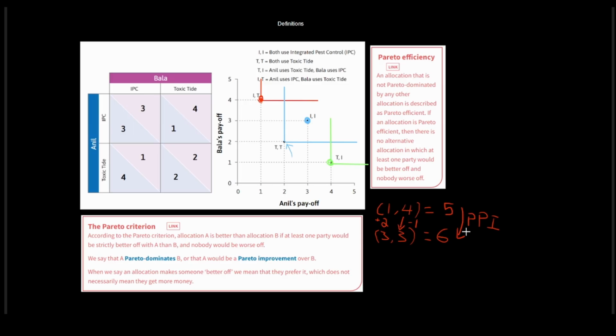The reason is that Anil's getting +2, and Anil could compensate Bala, give Bala one of those, and make Bala no worse off. In which case, there is the potential for a Pareto improvement. But that does depend on reallocation of payoffs as we move from one to the next.